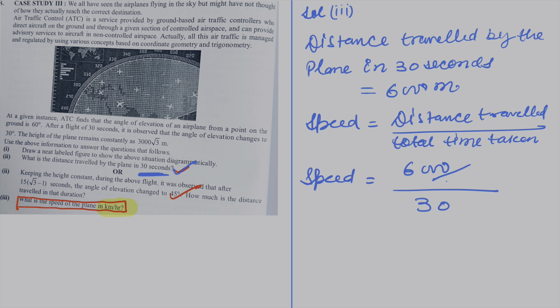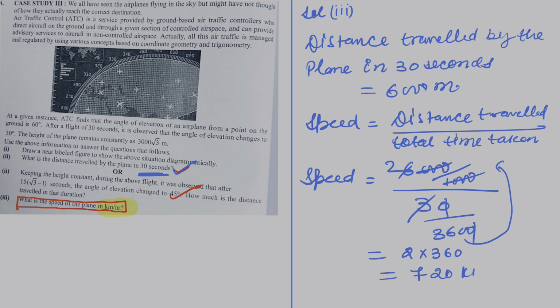To change it into kilometer we need to divide it by 1000, and to change this time from seconds to hours we have to divide it by 3600, and from here we can simplify this. 3 zeros will cut 3 zeros, 1 zero will cut 1 zero. Okay, 3 2s are 6, and this will go to the numerator, that equals 2 into 360 equals 720 kilometers per hour, and this is the answer.